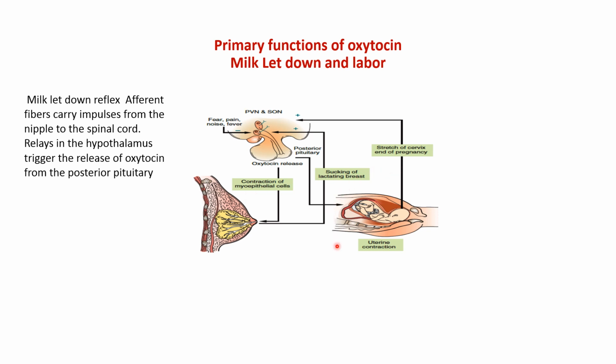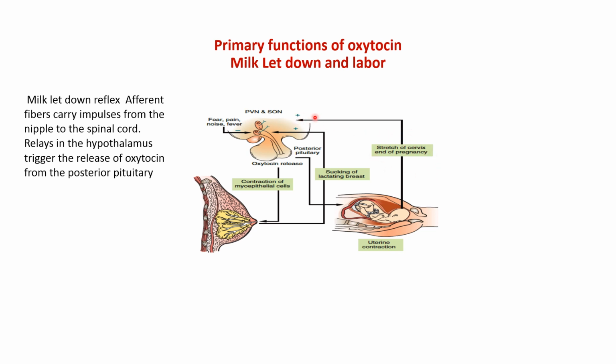And another primary function of oxytocin is during labor. We don't know how labor starts, but at the end of term, after like 37, 38, 39 weeks, usually dilation of the cervix and the plugging of the head, or descent of the head into the cervix, causes stretch of the cervix and the uterus, and these stretch receptors will send a signal to the nervous system via complicated pathways that you may learn about when you take the CNS, how we transmit mechanoreceptive sensation in our body.